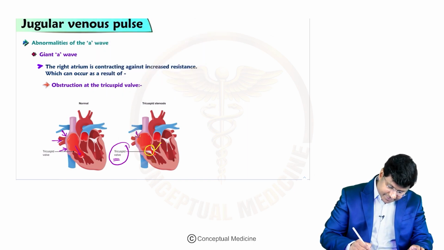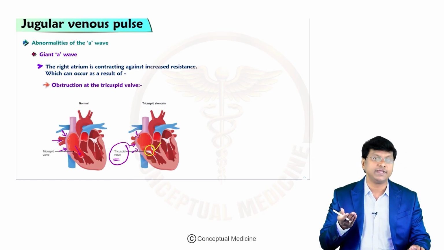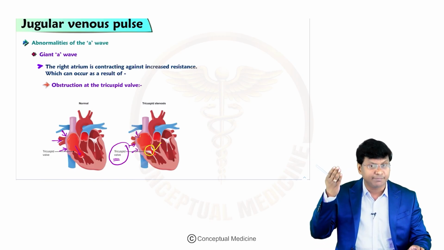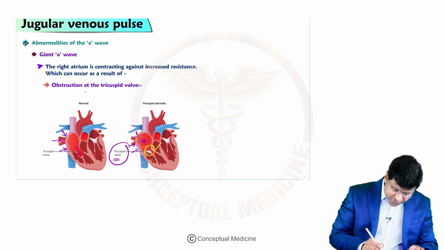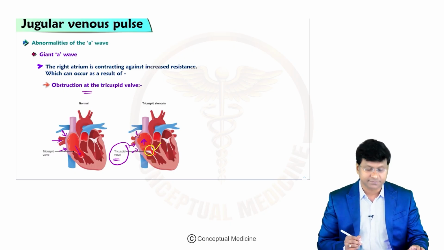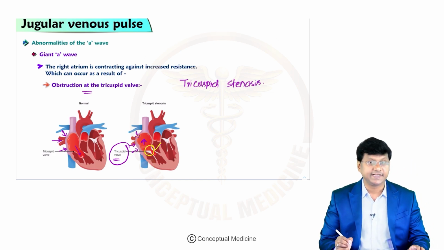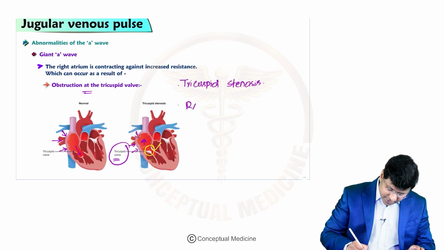When the right atrium contracts very strongly, what will happen to the pressure in the right atrium? The pressure in the right atrium increases abnormally high. So, obstruction at the tricuspid valve, that is tricuspid stenosis, and then right atrial myxoma.